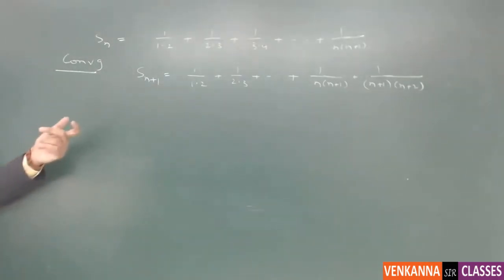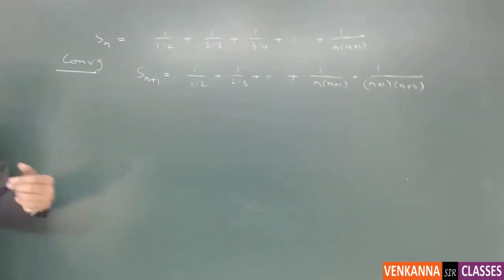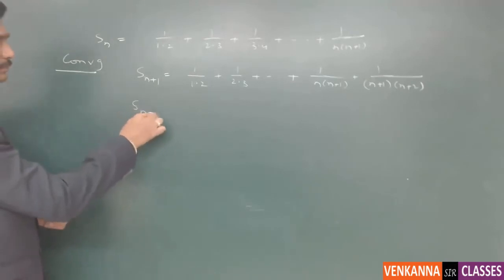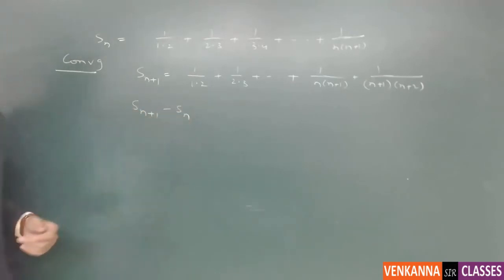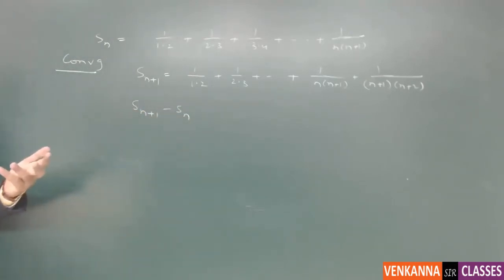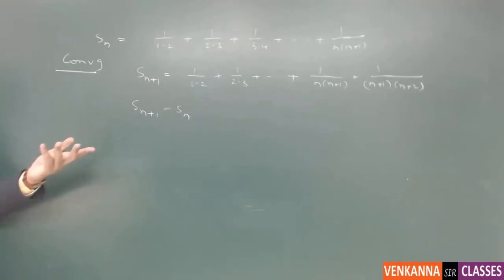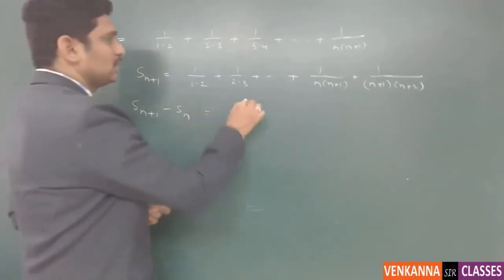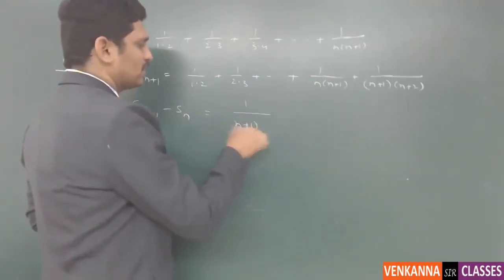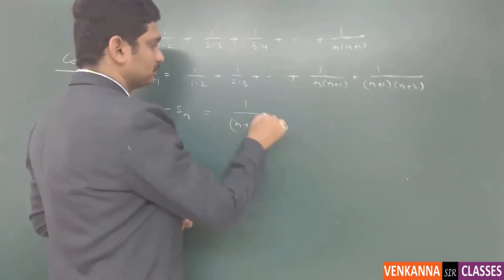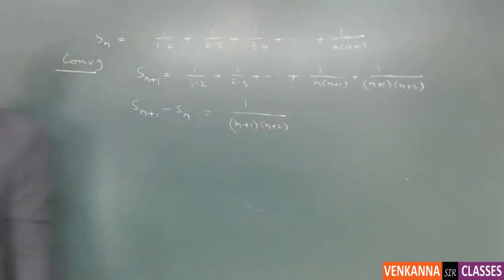Now you simply consider the difference between these two. In either way, Sn plus 1 minus Sn or Sn minus Sn plus 1, both are acceptable. The value is nothing but 1 by n plus 1 into n plus 2, and it is positive. Accepted?